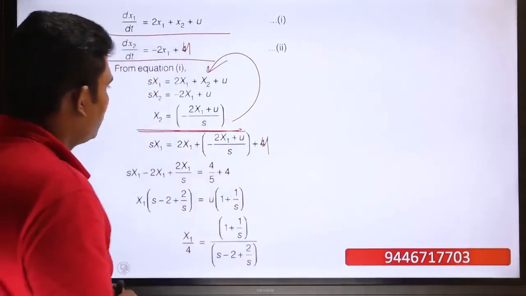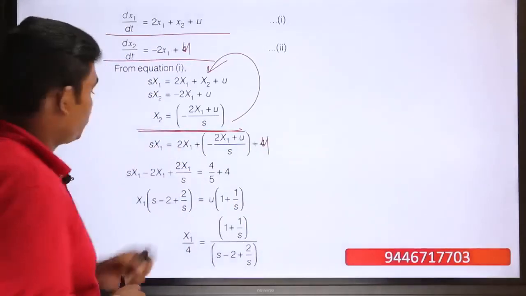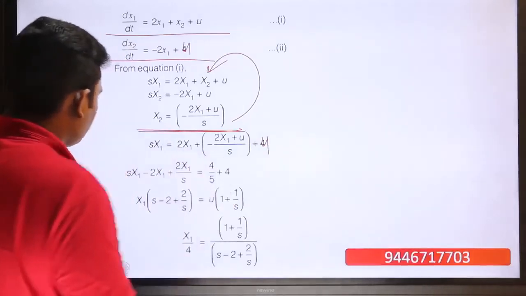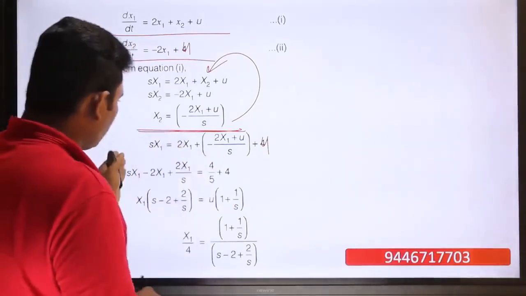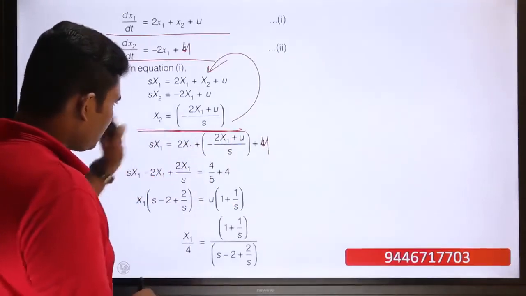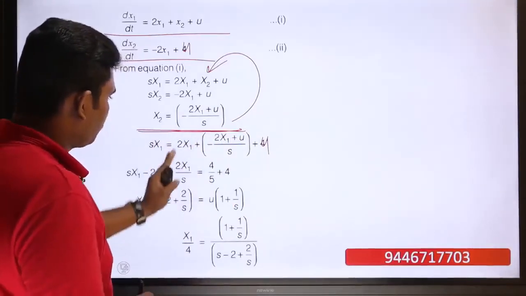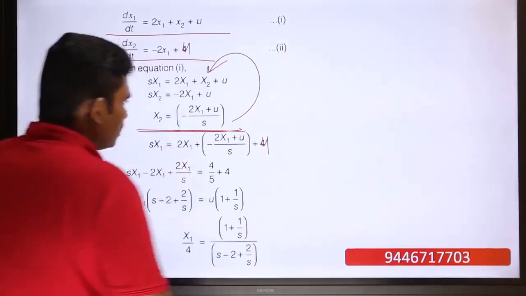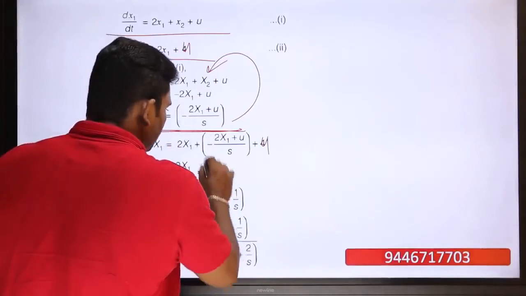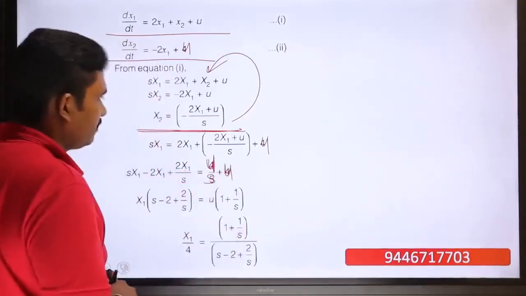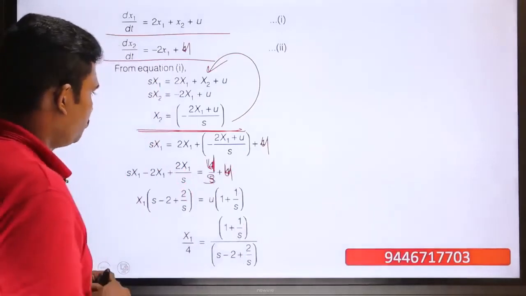So this is our expression of s x1. So rearranging the equations, you can write it as s x1 minus 2x1 plus 2x1 divided by s equals u divided by s plus u.